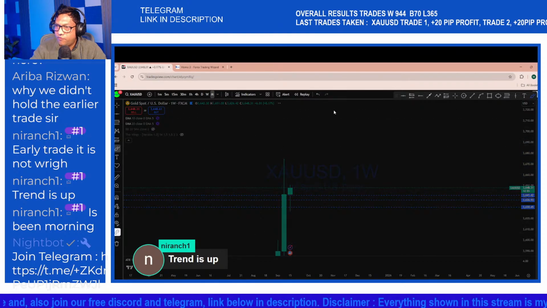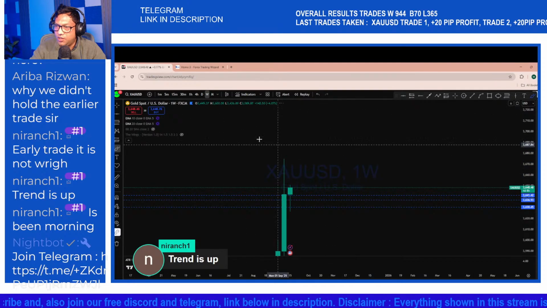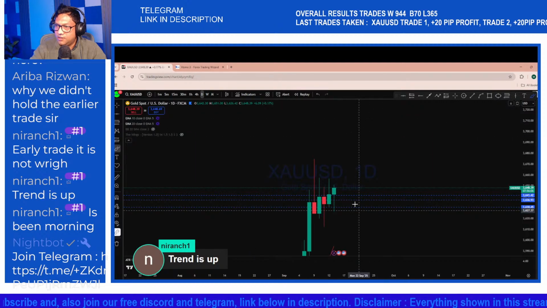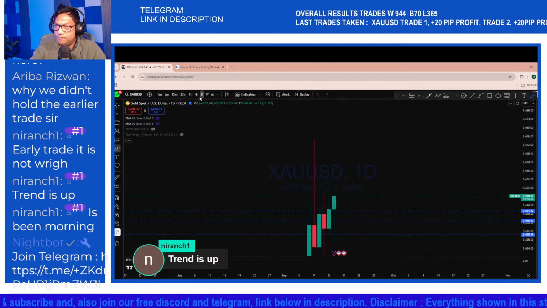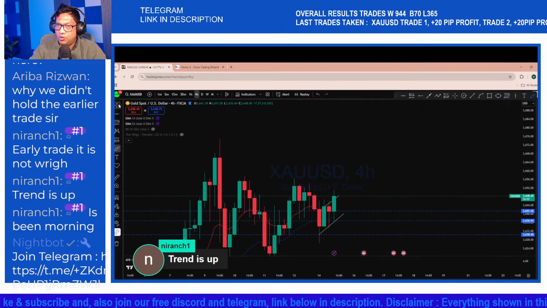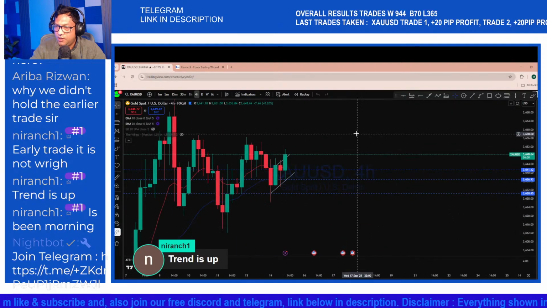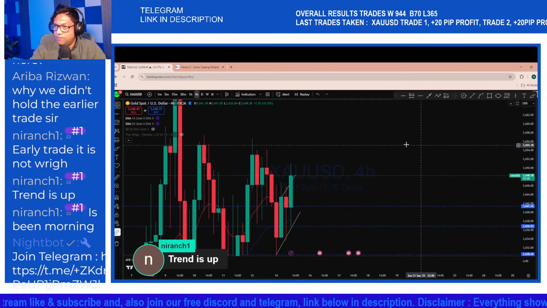And from the monthly, we can see bullish, from the weekly bullish, from the daily you can see that bull market, from the 4-hour also you can see that this market is bullish here.